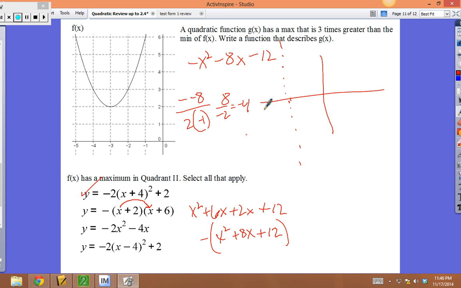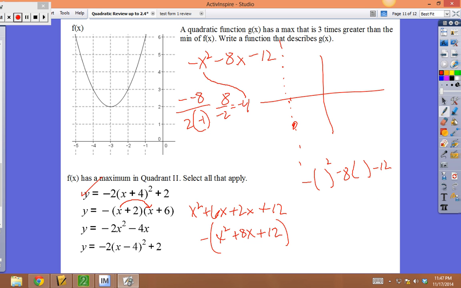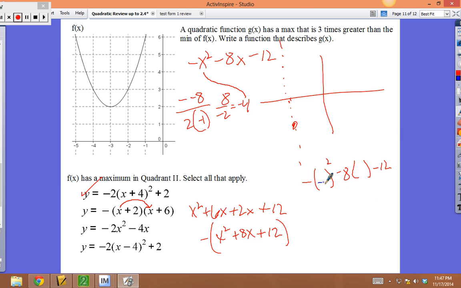The question is, is your vertex here in quadrant 3, or is your vertex up here in quadrant 2? So to find the vertex, plug this in. So it's going to be negative, whatever you plug in for x, square it, minus 8, minus 12. And let's put in place of the x, let's put a negative 4.